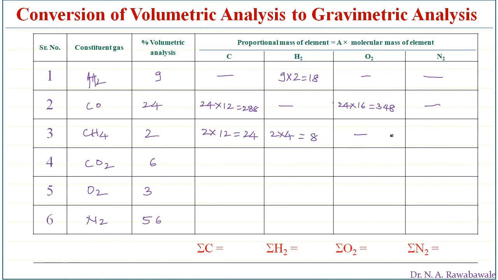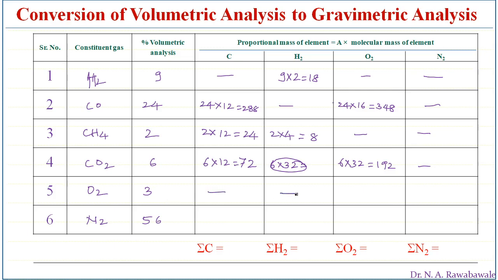There is no role of oxygen or nitrogen. For carbon dioxide, carbon percentage 6 into 12 is 72. There is no role of hydrogen, but oxygen has a role: 6 into 32 works out to 192. There is no role of nitrogen.